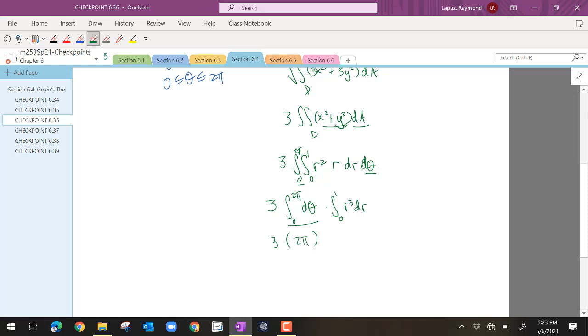This is going to be r to the 4th over 4, but you're going to integrate from 0 to 1, so it's just going to be 1/4. So we have 3 times 2 pi times 1/4, and that would give us a 2 in the denominator. So this is 3 pi over 2. All right. Good luck.